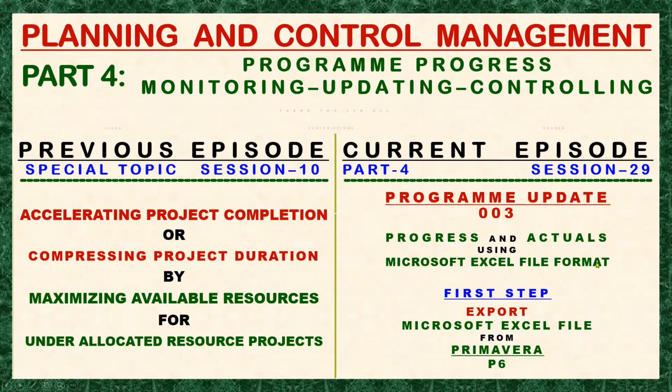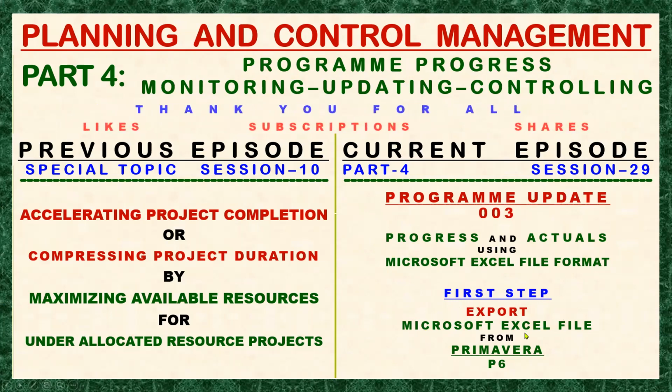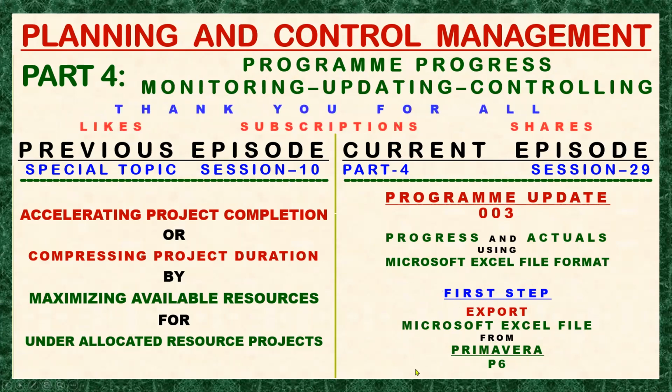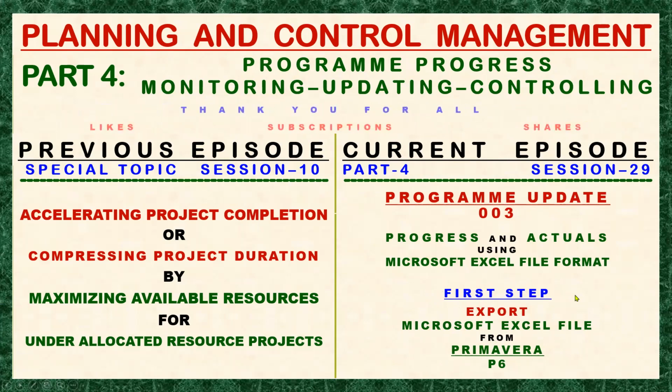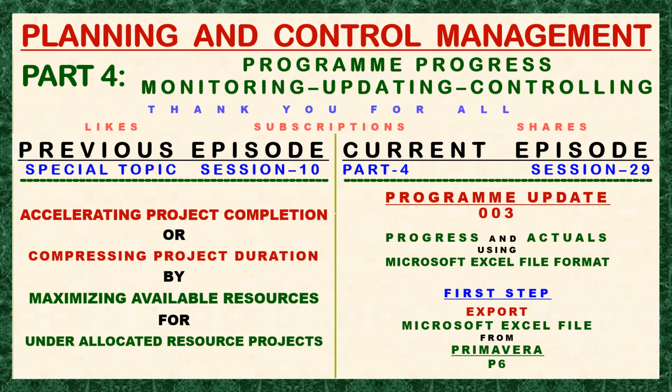This will take 3 steps. The first step is to export a Microsoft Excel file from Primavera P6. This will be the one we discuss in our current episode. The second step is to reflect our progress and actuals update into the exported Microsoft Excel format, instead of doing it in Primavera P6.